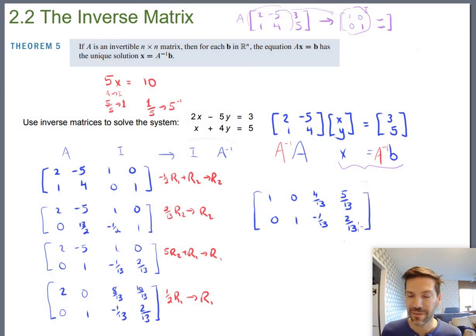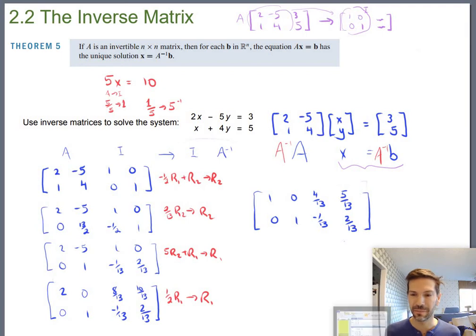And I think I said in the last video that inverses often involve fractions, which is definitely the case here. And you can certainly see why most of the time to find an inverse we will use a calculator. Right, in 2.2 I want you to practice it by hand. That's why there's only 4 homework problems assigned. But beyond 2.2, anytime we find an inverse, we'll use a calculator to find it.